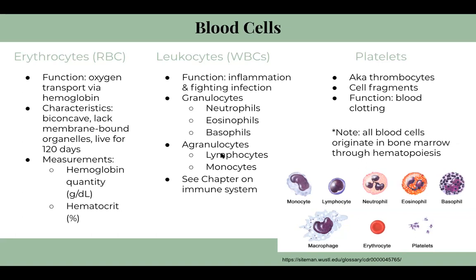They also don't have any membrane-bound organelles. They're constantly renewed and recycled in the body, so a single red blood cell doesn't undergo mitotic division. It just dies after its life cycle, which is about 120 days.